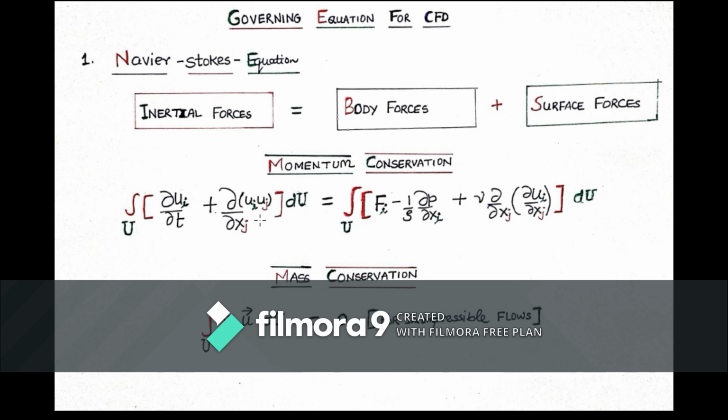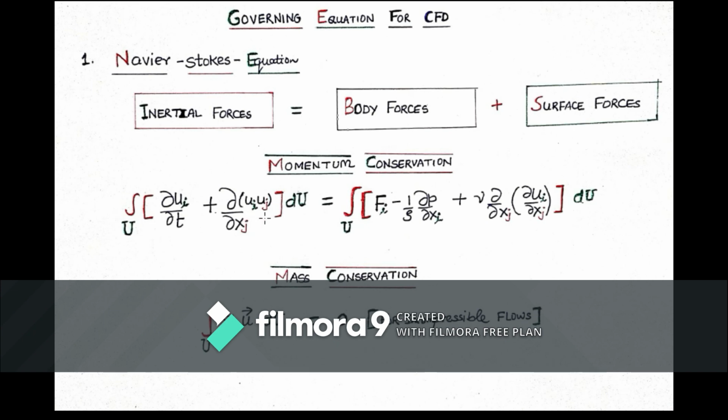Now as I arrive in the room, my temperature will decrease. That kind of change, because my spatial coordinates are changing, I am coming from one place to another place, is represented by the convective derivative. The condition in the room is different and I am changing my spatial coordinates, so that is represented by the convection term.